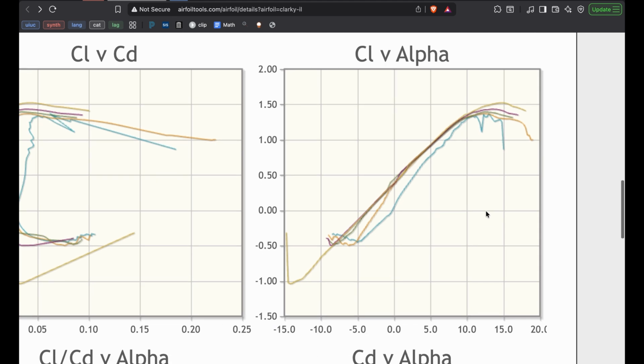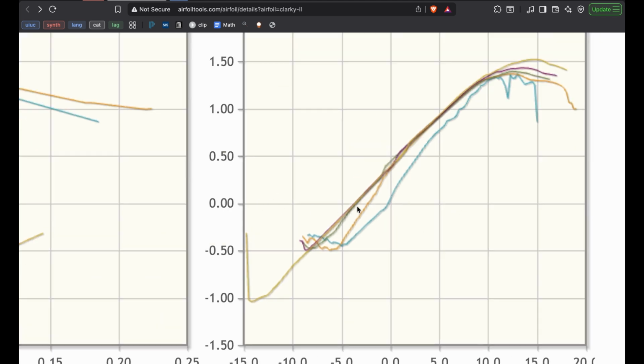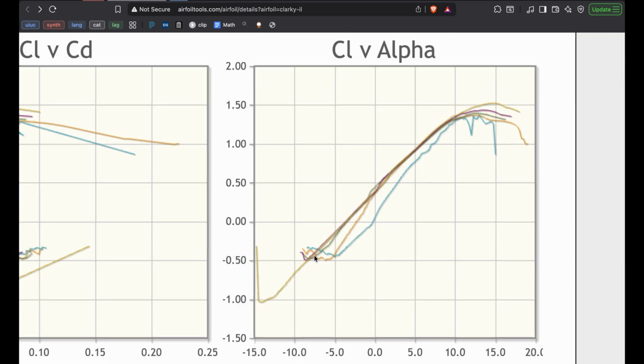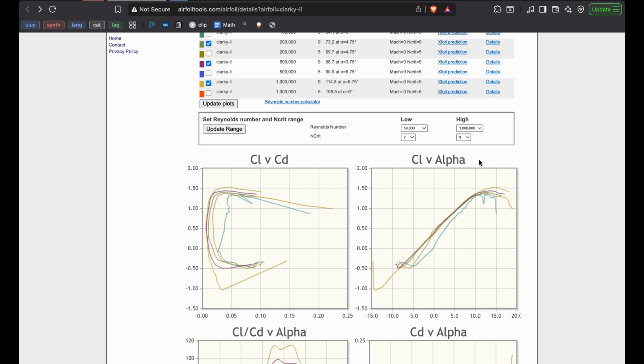So my CL versus alpha, and I'm following the yellow line because this is the one I'm using. Boom, around minus 3, minus 3.5. So this is how you get your alpha naught, by looking at a graph of CL versus alpha and seeing what alpha is when CL, the vertical axis, is 0.